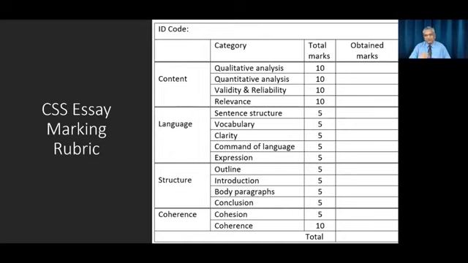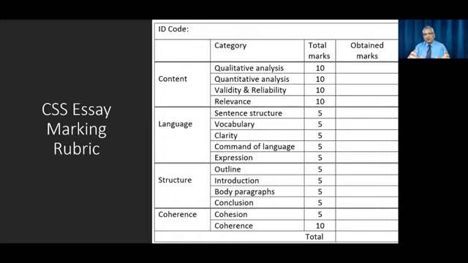Now, as a final word, I would like to say that if you look at this rubric carefully, you will find out that it's not only the content that matters, but the skill of essay writing. As the syllabus itself points out, how well the candidate articulates or formulates and follows the CSS essay structure.